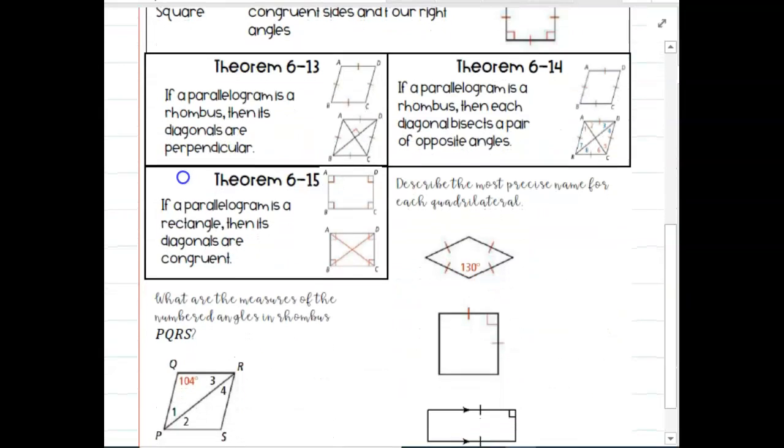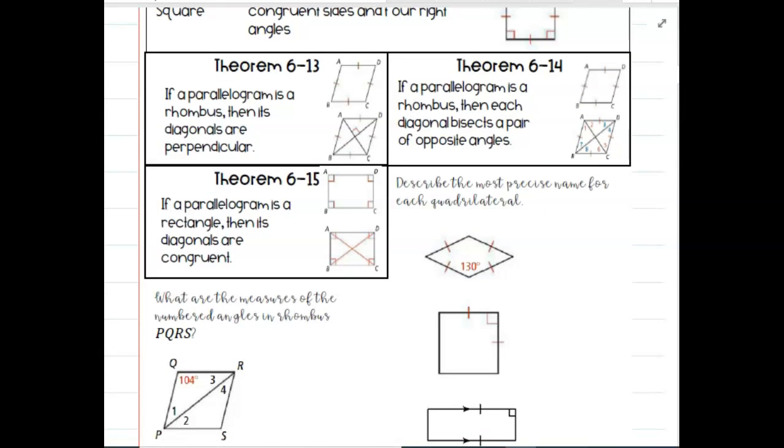Okay, now your three theorems that you copied down, the first two talk about rhombuses and then the diagonals of a rhombus. Now keep in mind that for any parallelogram, the diagonals bisect each other. For any parallelogram, anything that's not one of these, any parallelogram, the diagonals bisect each other. If the parallelogram is a rhombus, the diagonals are also going to be perpendicular.